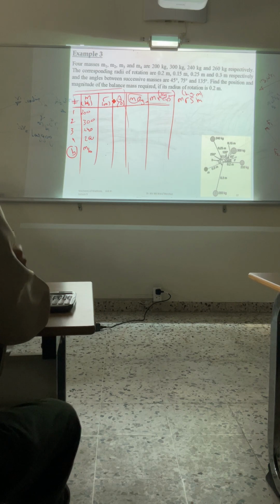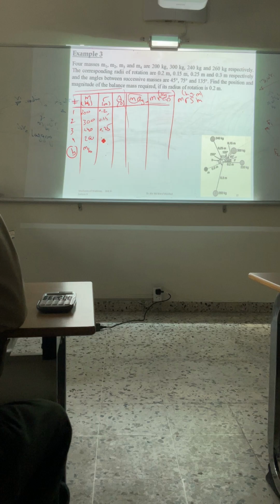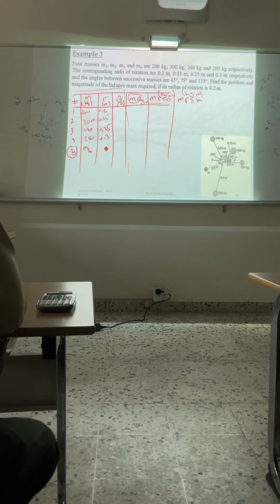Now let's start by writing down R1, which is 0.2, 0.15, 0.25, 0.3, and again 0.2. Here you go, guys. He already gave you the exact location of the balancing mass. So you have to put it down as it is given.